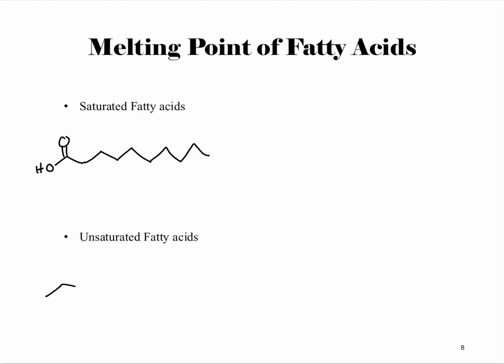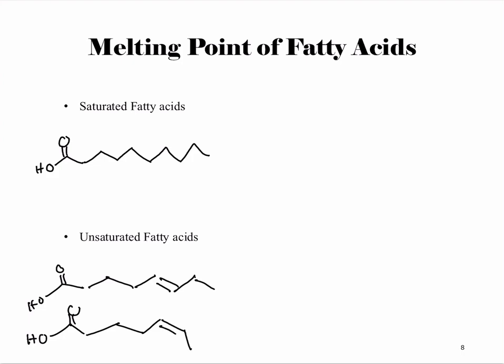If we have an unsaturated fatty acid, we could have double bonds that are all in the trans configuration, like that, which will probably have similar properties to the saturated fatty acid, maybe slightly different. Or we can have things in the cis configuration.